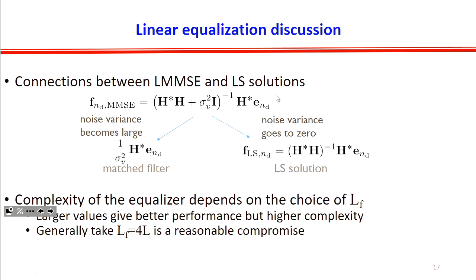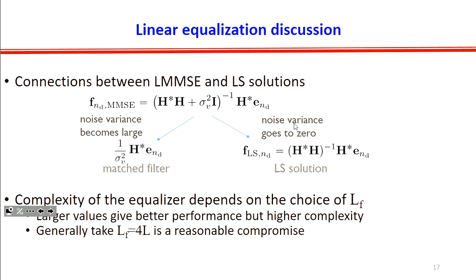So the least square solution is what results from the MMSE solution when you have high SNR conditions. So we are in effect implementing the optimal solution, just considering the fact that we have high SNR conditions in our experiments.